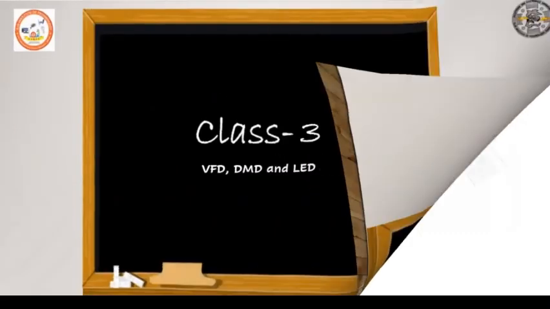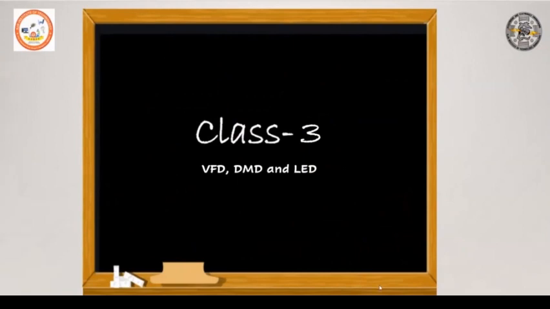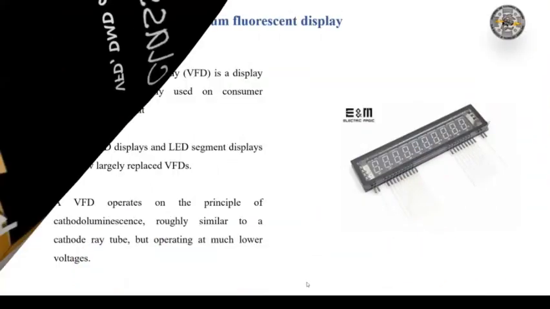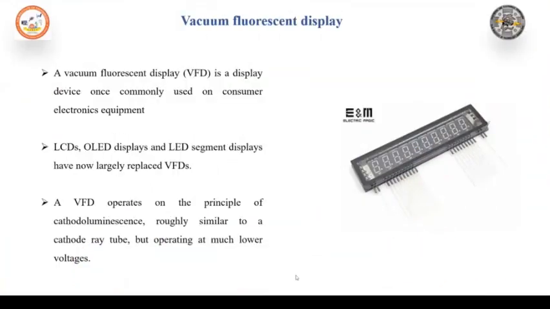Let us start today's class and we will discuss VFDs, DMDs and LEDs: vacuum fluorescent display, dot matrix display and LED. A vacuum fluorescent display is a display device once commonly used on consumer electronics equipment.